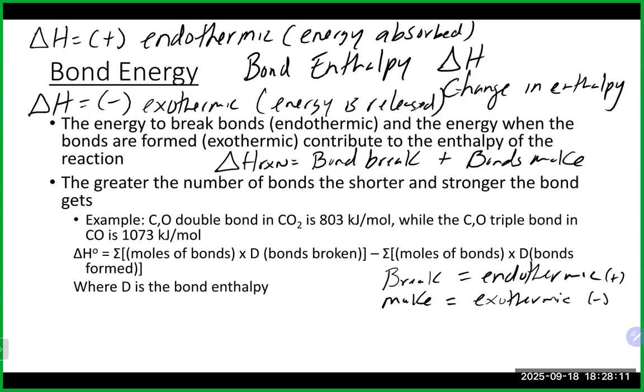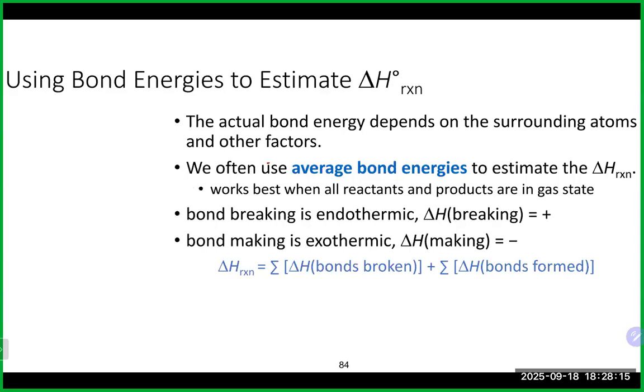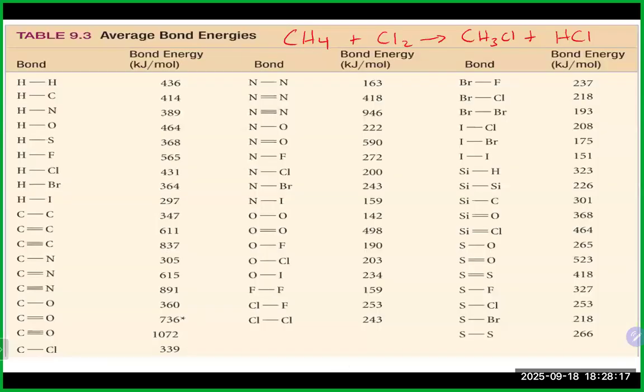So we'll take a look at one here as a sort of table. This is a table of bond energies or bond enthalpies, and it is different, obviously, for single bonds versus double bonds versus triple bonds. You do want to make sure that you understand what type of bonds you are looking at.